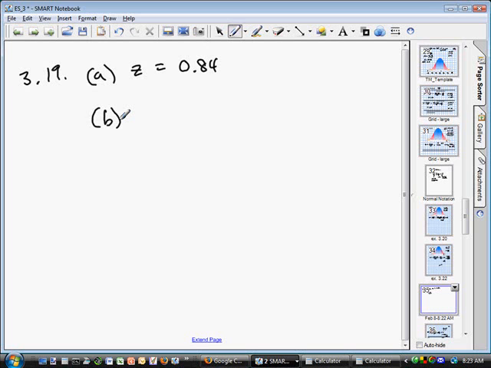So really, we want to look for 65, right? Does that make sense? Because the table only gives us less. So now, look in your table and try to find 0.6500 as close as you can.